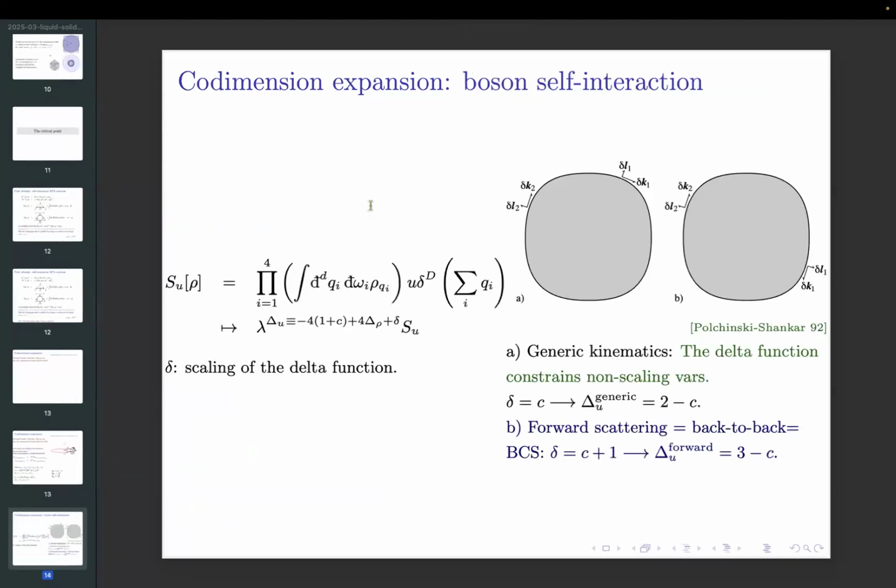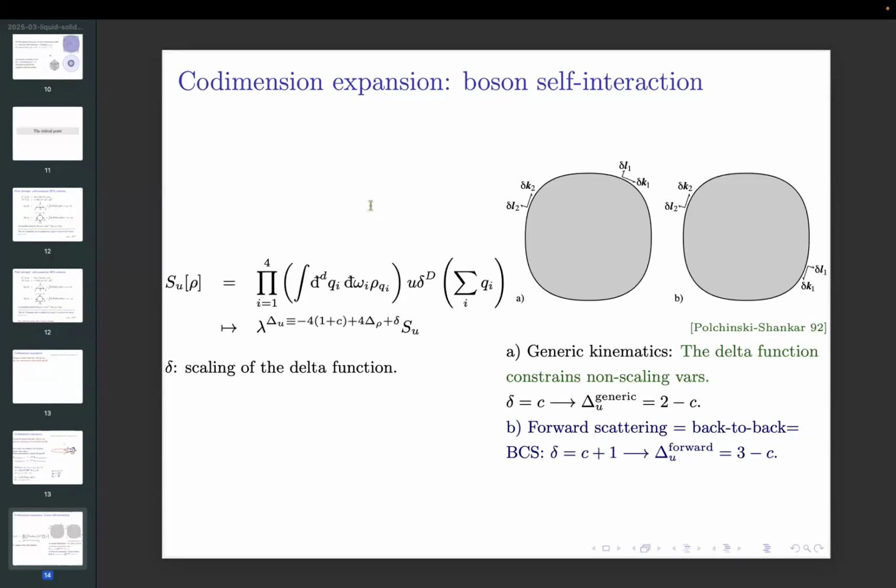So let's analyze the scaling of the interactions under the scale transformation that I just defined. The analysis of the boson self-interaction is very similar to Polchinski and Shankar's analysis of the four-Fermi interaction in the Fermi liquid. And as in that case, there's a distinction between interactions where the kinematics are generic, where I just pick four random vectors and ask how those modes scale.